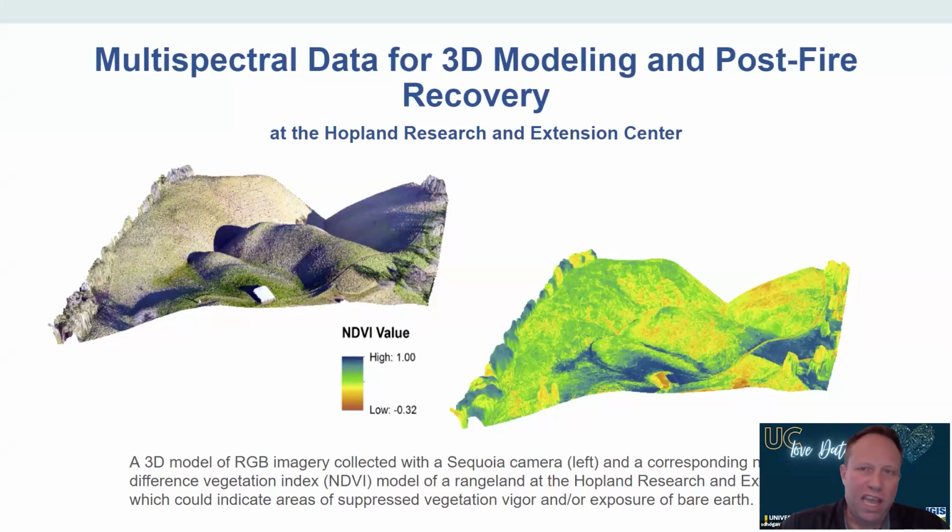In this case, we used normalized difference vegetation index to assess the recovery of parts of the Hopland Research and Extension Center out in Mendocino County, where we have a research center, and found that, of course, along stream areas you have healthier or quicker recovery from said fires. It's one of our larger projects that we work on right now. Next.